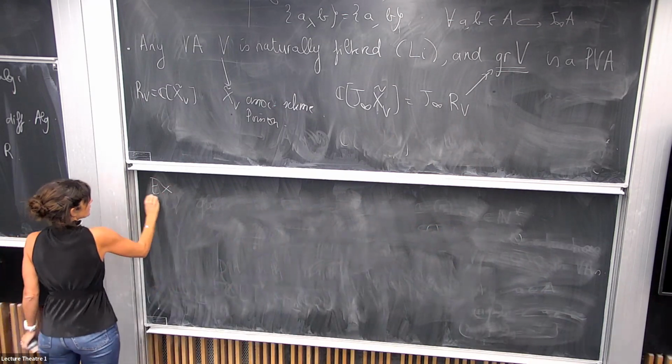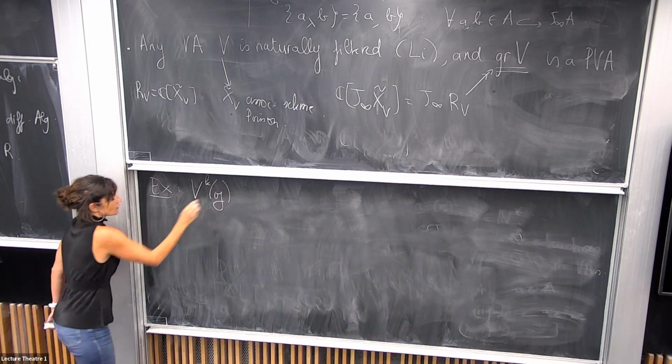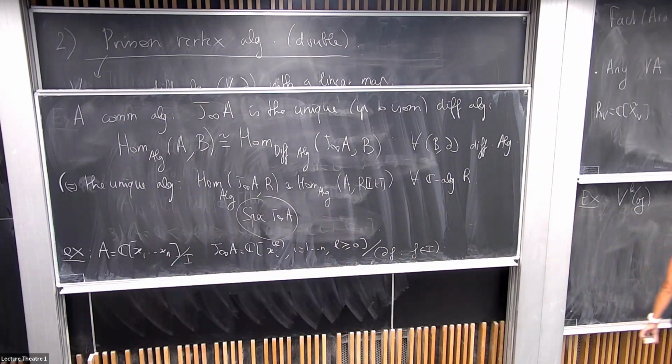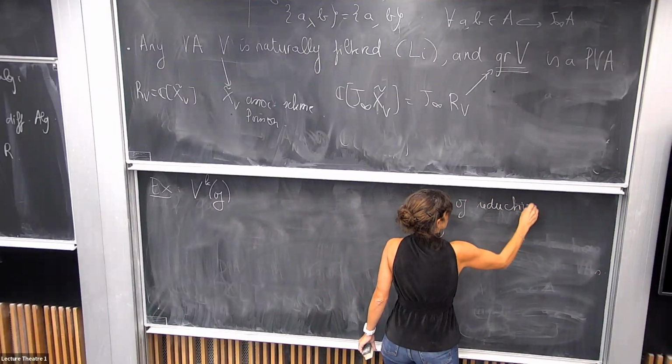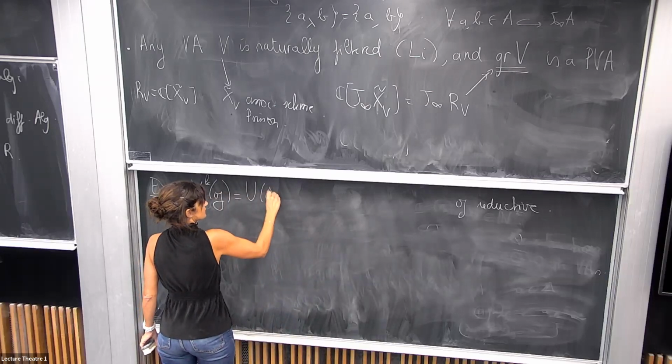So, example, let's consider the universal affine vertex algebras that already appeared. So here I want to assume G reductive. All right, so I recall that this is defined as follows.